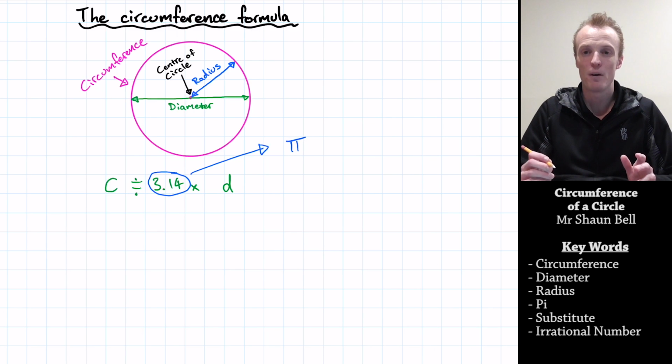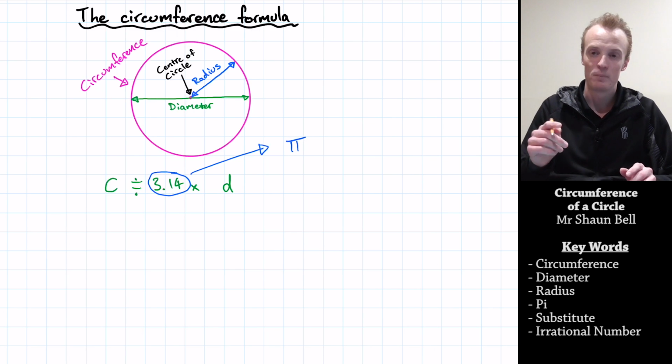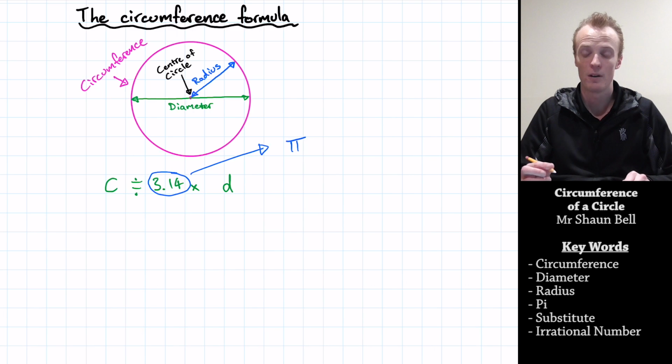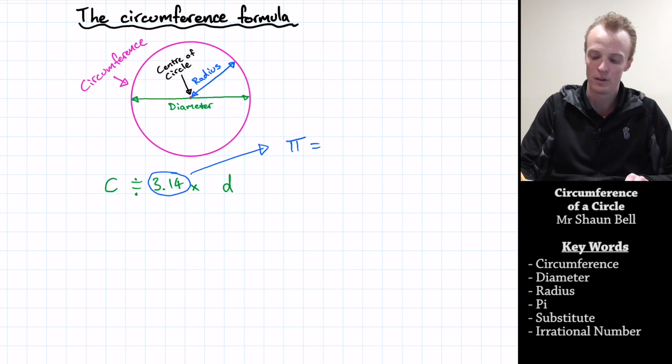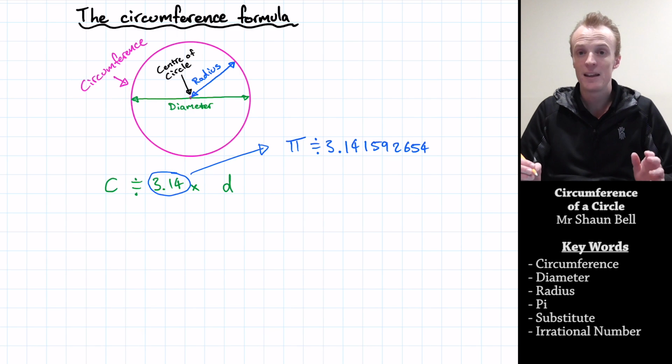Now, if you locate pi on your calculator, press pi and hit the equals sign, the calculator will tell you that that is approximately equal to 3.141592654. It may give you a few more decimals depending on your calculator, but this is still an approximated value because pi is an irrational number.